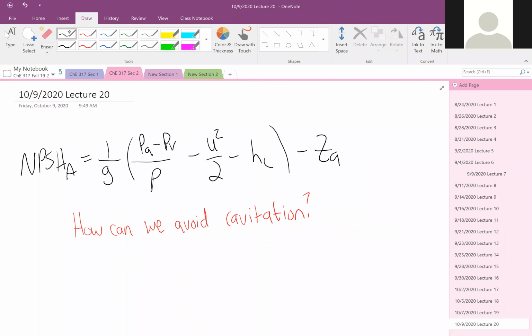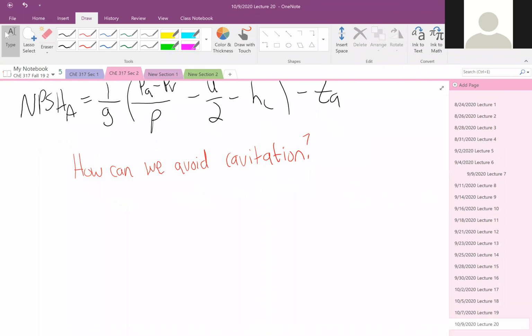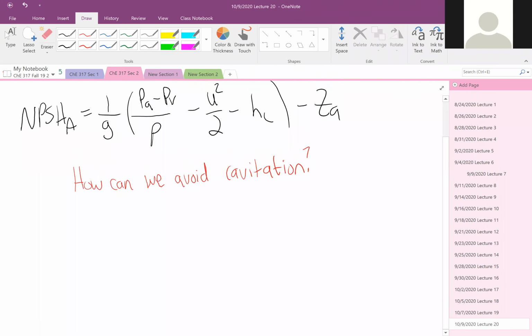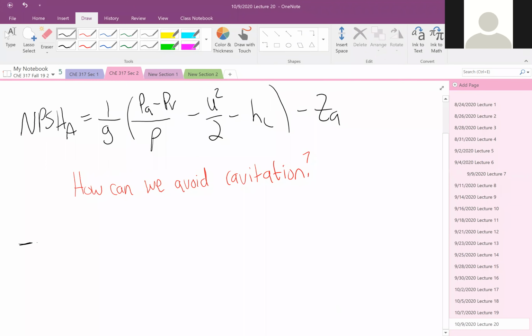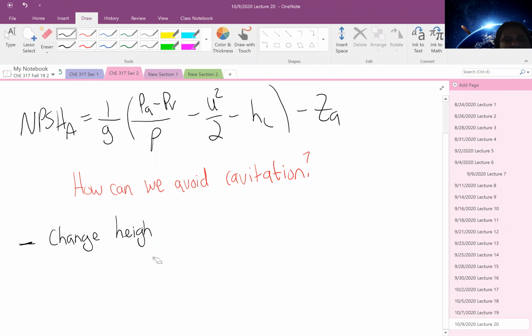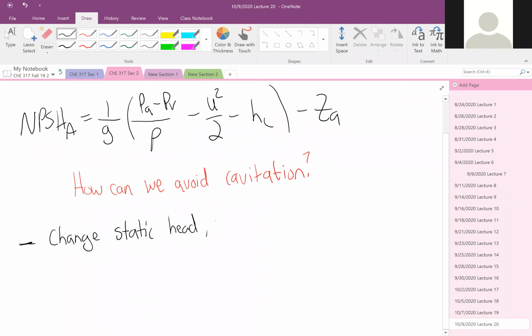Probably the easiest thing to change would be the difference in height between the fluid and your pump. Okay, so change the height, or say change the static head. What's the best way to do that if we're thinking of it in terms of a chemical process?